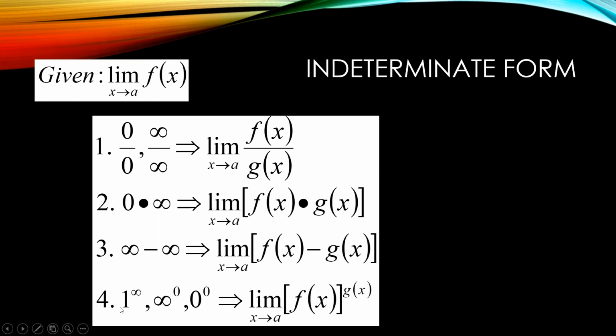And you know that 1 raised to any number is equal to 1. However, 1 raised to infinity is indeterminate as well. So please take note of the 3 forms and the 4 forms. However, for the last one, case number 4, there are 3 types or 3 examples.